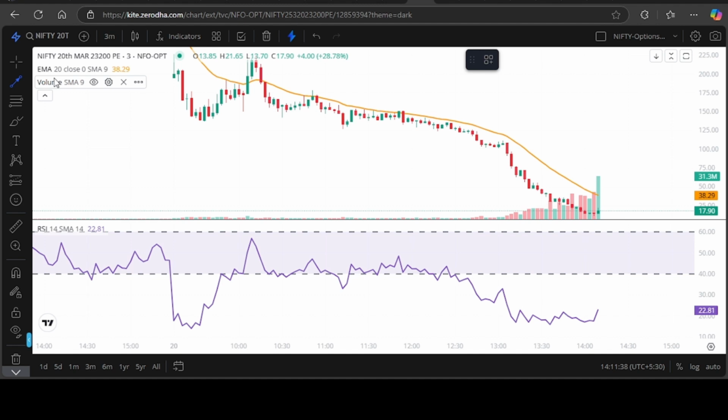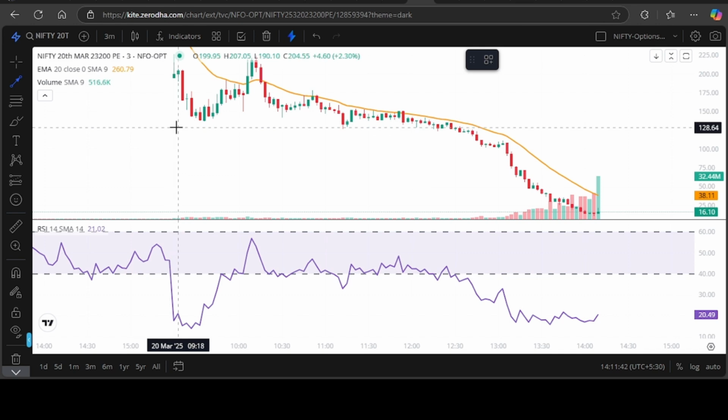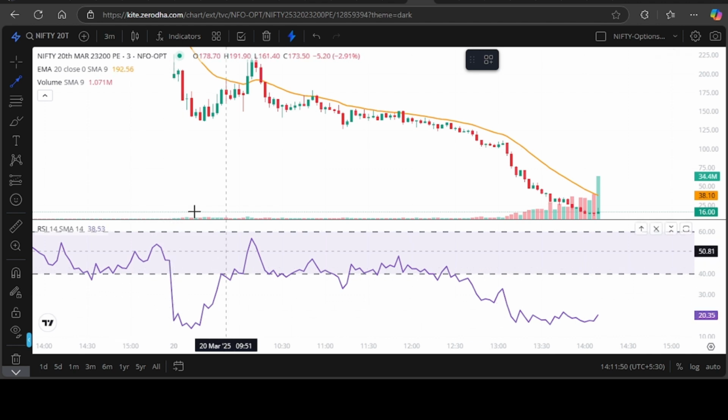The upper limit is 60, the lower limit is 40. And now the market started from here, that is today 9:15 a.m. And if you see the price, I'm in the RSI section, so concentrate on the RSI section right now.